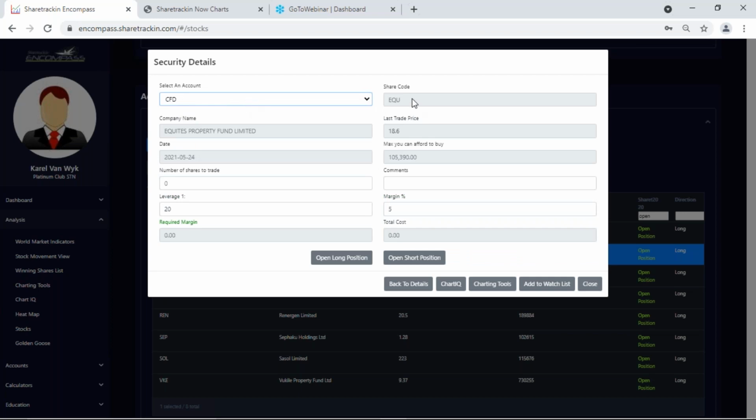Next up, I have the company's code, the company's name, the last price, the date I'm performing the transaction, the money I have left in my account to buy, the actual max you can afford to buy, number of shares to trade, how many shares do I want to trade, and then a comment. And so the comment is the reason for buying this share.